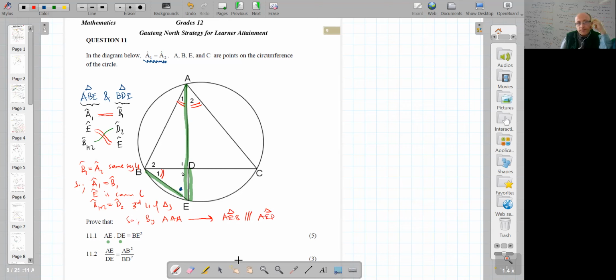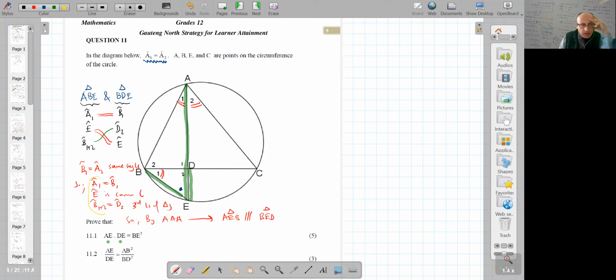And finally, triangle AEB is similar to BED. Sorry, triangle AEB is similar to BED. That's right, BED.